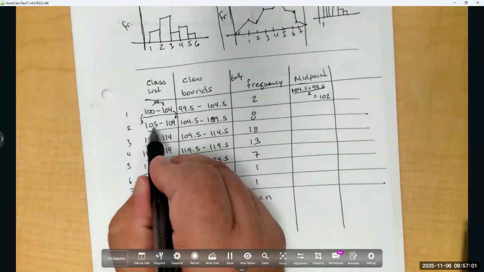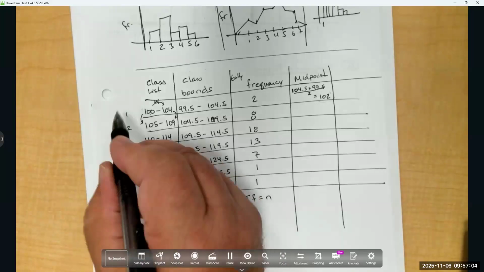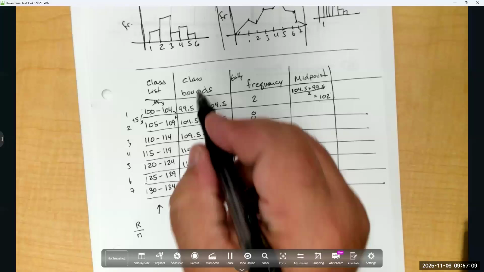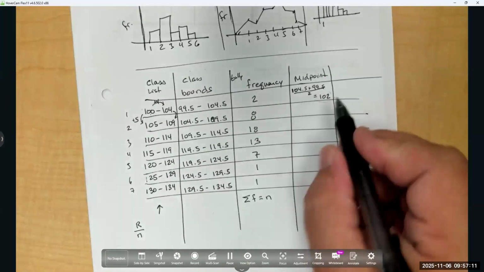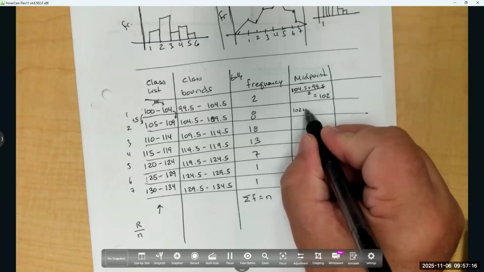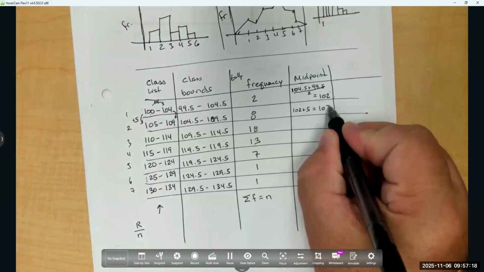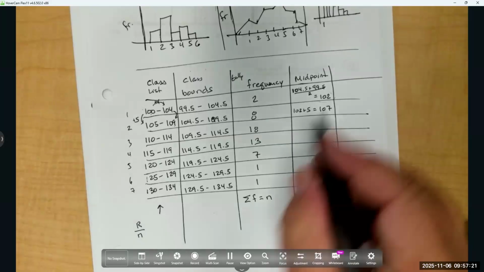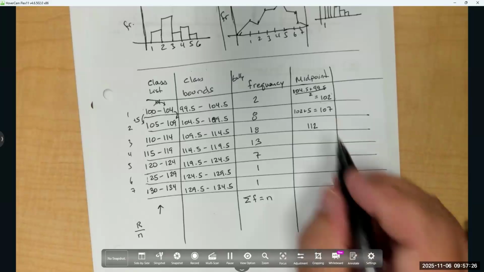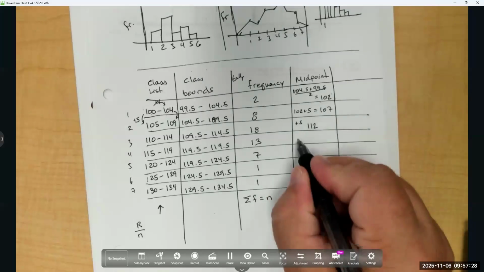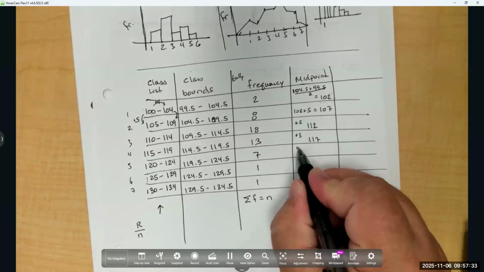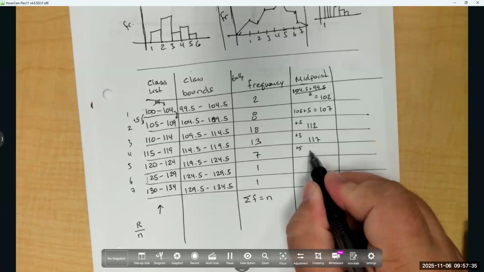How do we go from 100 to 105? Add 5. Same thing with the other bound. So 102 plus 5 equals 107. 107 plus 5 is 112. Plus 5 again is 117. Plus 5 again, and so on and so forth.